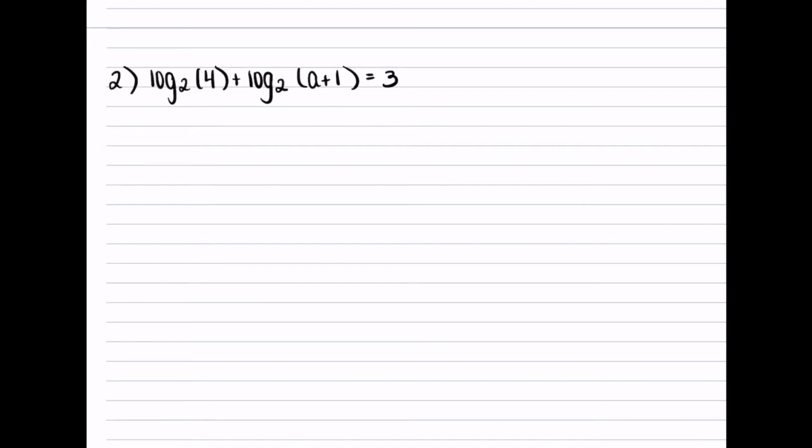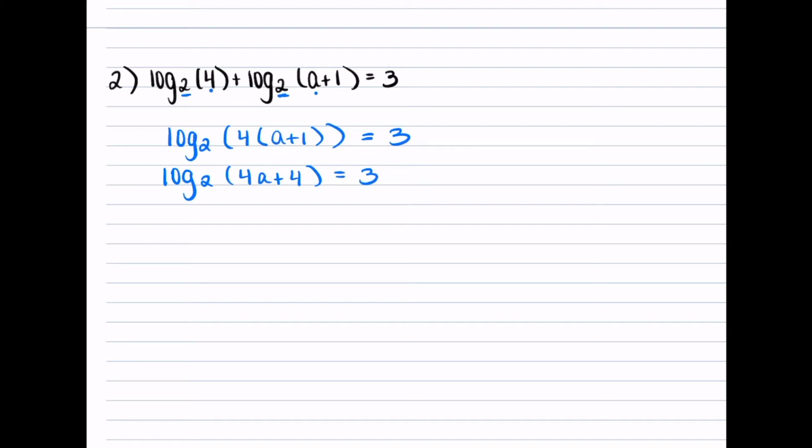Alright, so for number 2, we can see the strategy that would best help us is number 1. The first step for this is to condense these two logs because they do have the same base, so you're able to multiply these. So you can do log base 2 of 4 times a plus 1 equals 3. Simplify that to 4a plus 4.